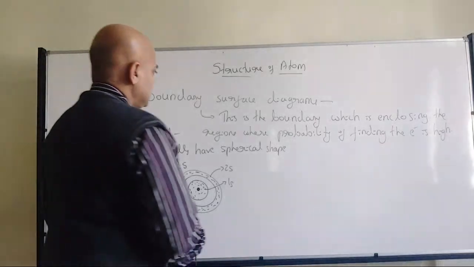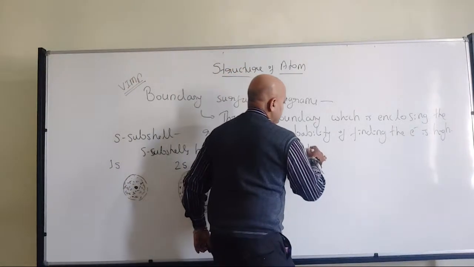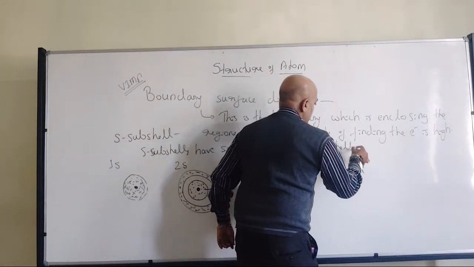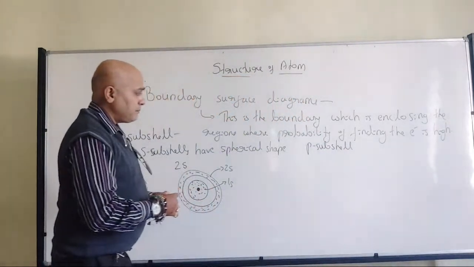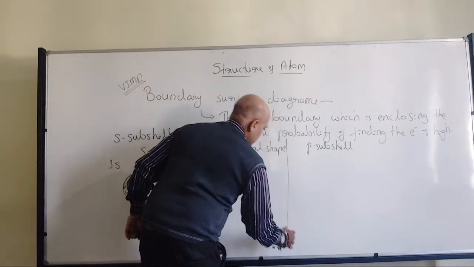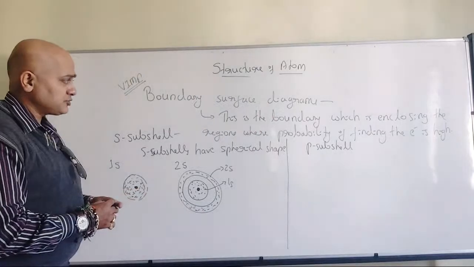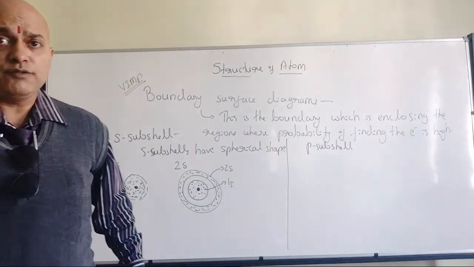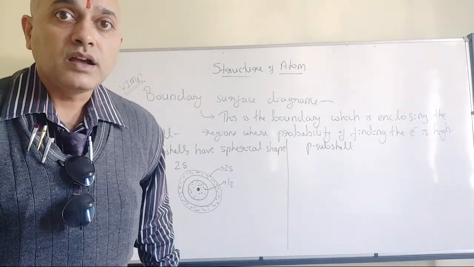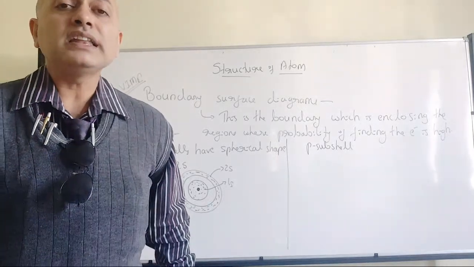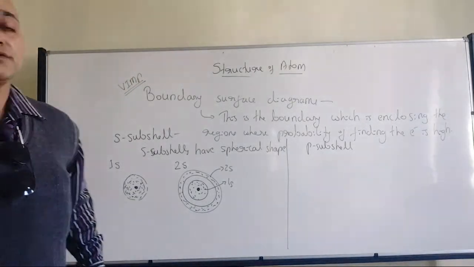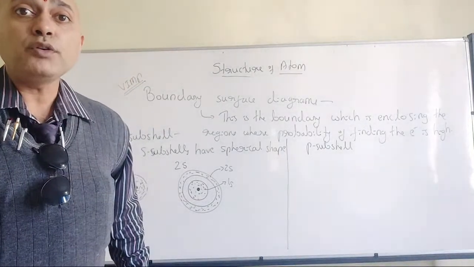So in that case, if the question is to draw the boundary surface diagram for P subshell, those dots are not electrons, Rohan. They represent the regions where we can find a high amount of electrons.